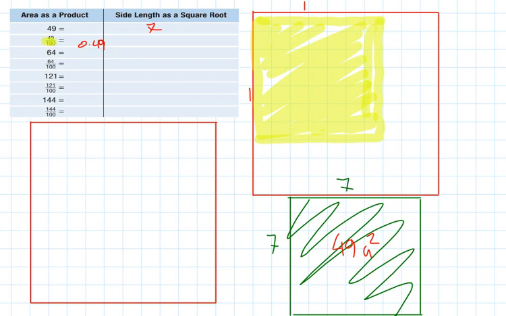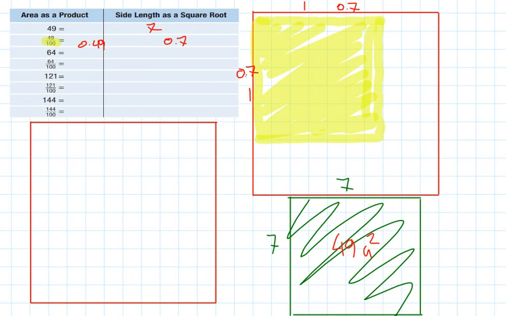So the length in this case would be 7 out of 1, or 7 parts of 1, or 0.7 by 0.7. So that would be 0.7.